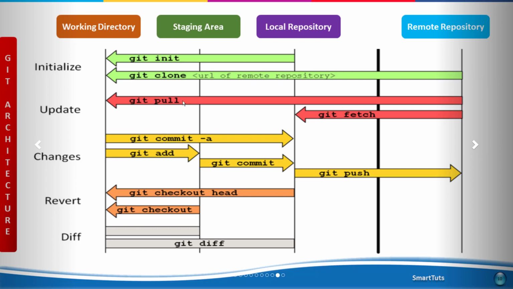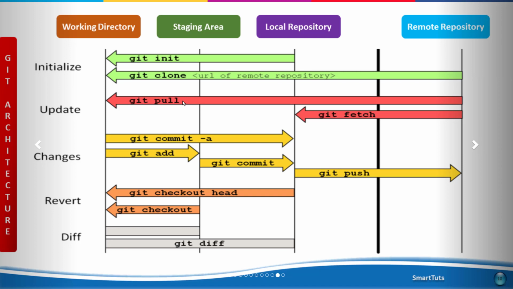For initializing, if you have nothing, you can just git clone it. Clone means it will take every file from the remote repository to your working directory. But git pull will update your working directory with respect to the remote repository.